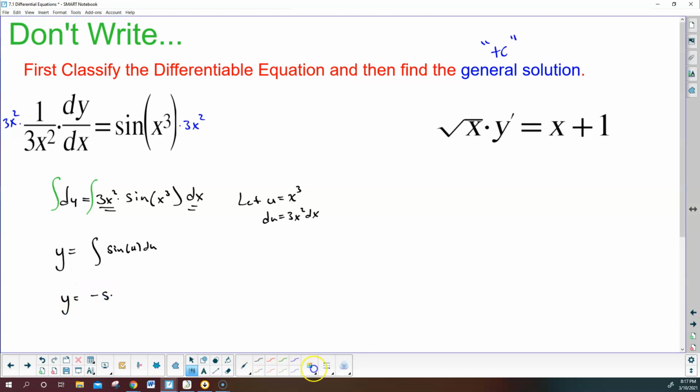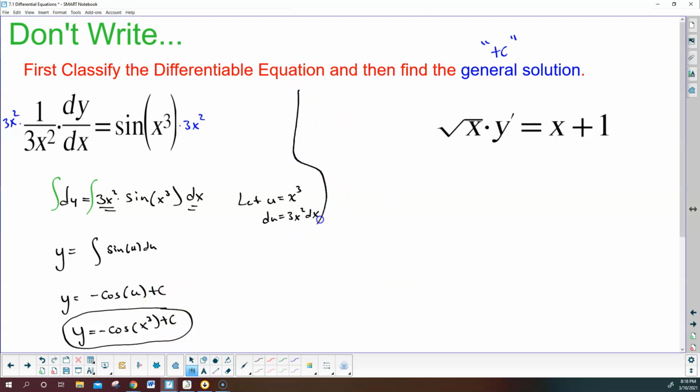The answer to that is negative cosine. And then we could put u plus c, but remember our final answer, we have to have x to the third back in. All right, so nothing crazy there. This is a complete review. This could have been a test question on your last unit.